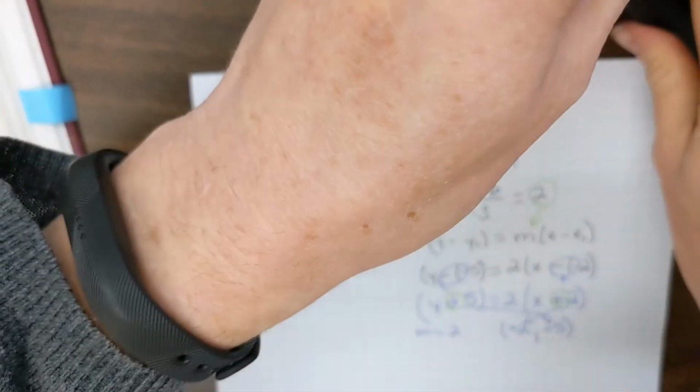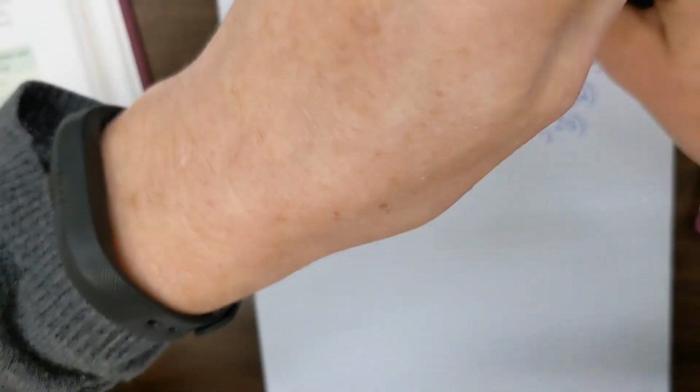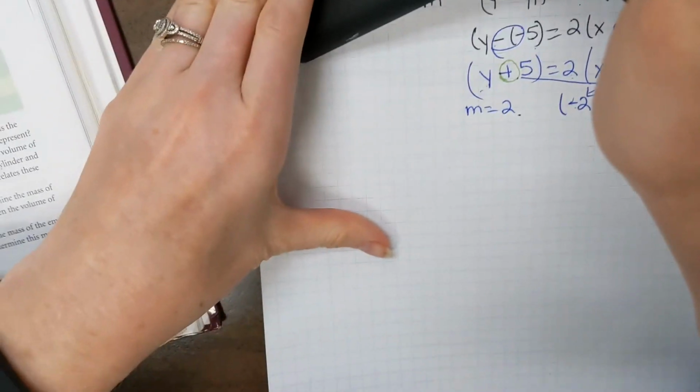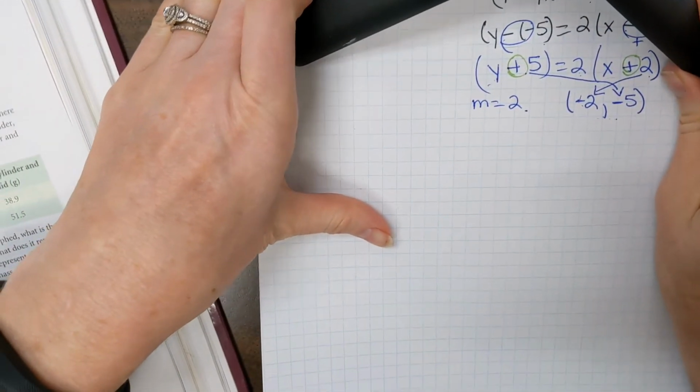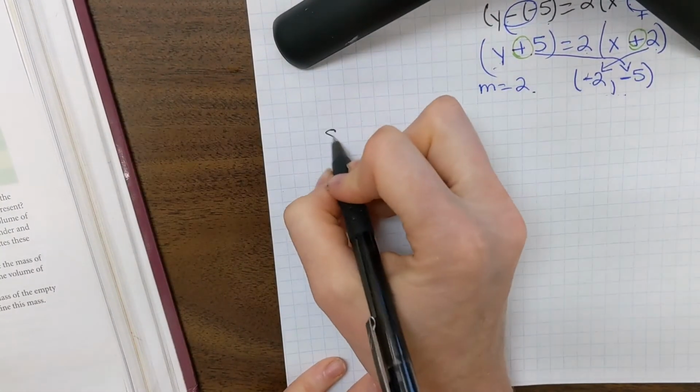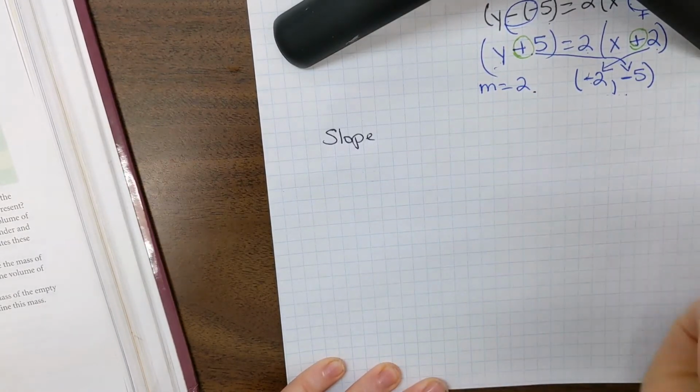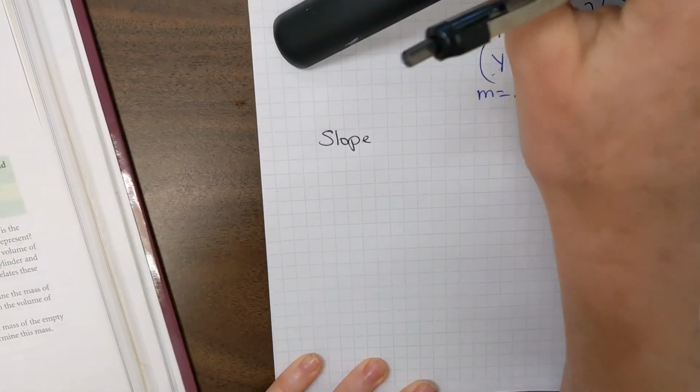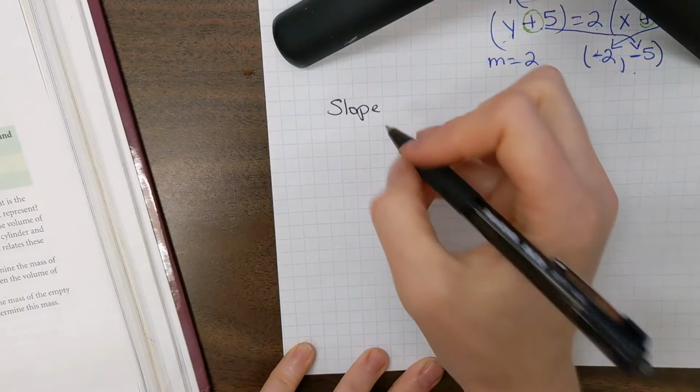Okay, so we have our slope and our coordinate. The second part of that question asks you to write the equation in slope-intercept form. Okay, so that was topic number 4, slope-intercept form.